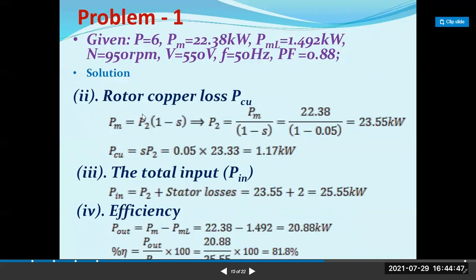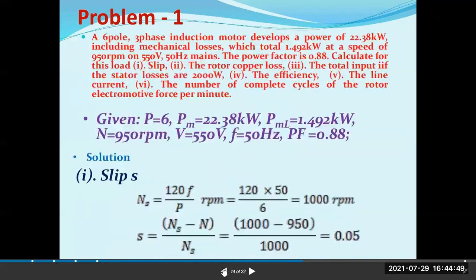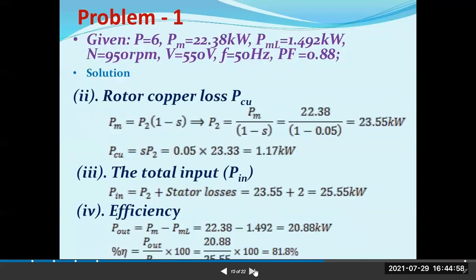You have the value of s, and you have the value of mechanical power developed, which is given as 22.38 kilowatt. Slip has the value 0.05. Just put the values, you will get the rotor input, and from there you will get the copper loss.